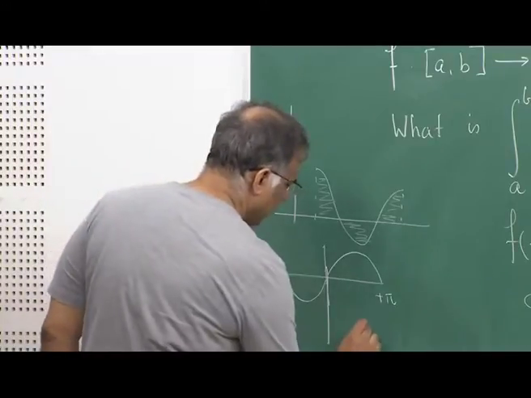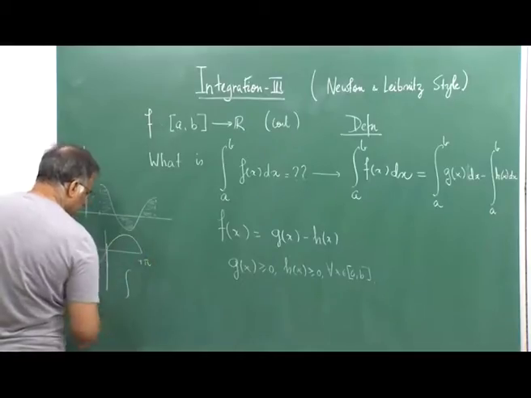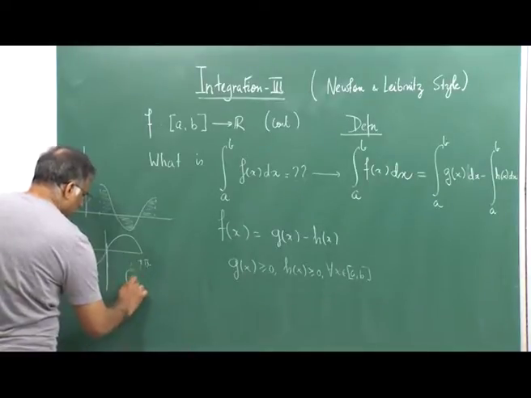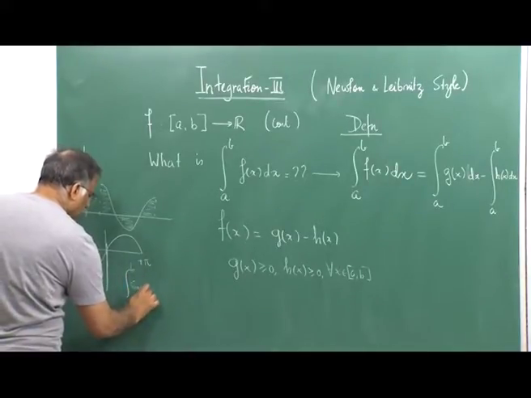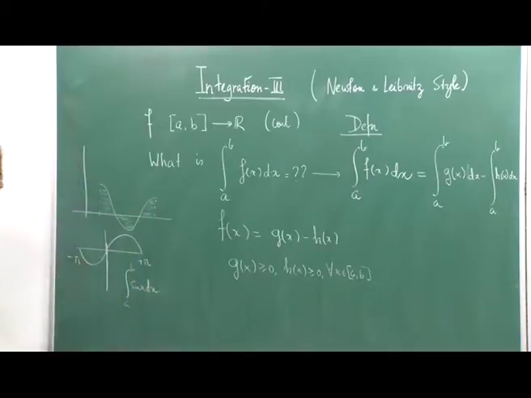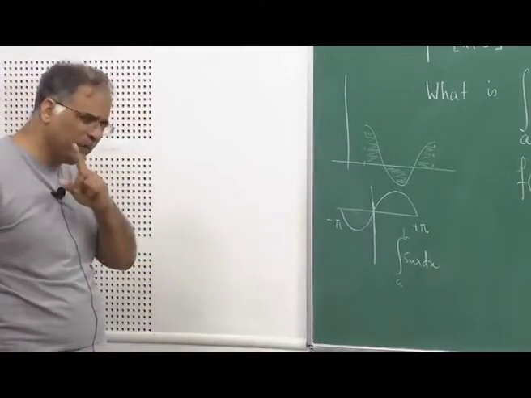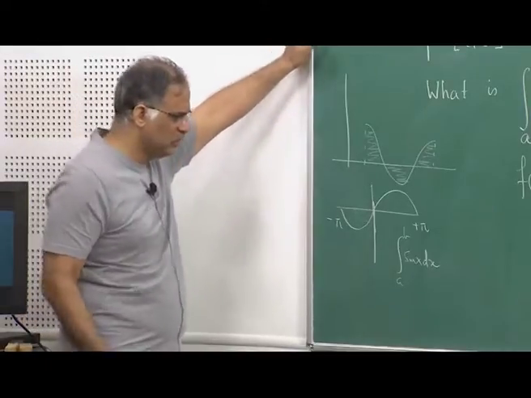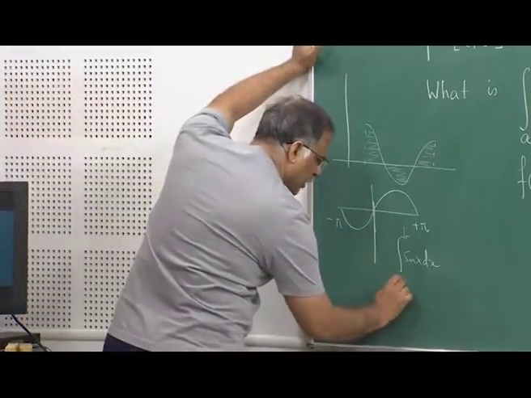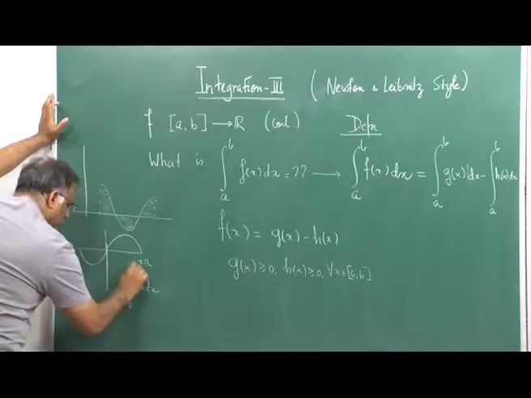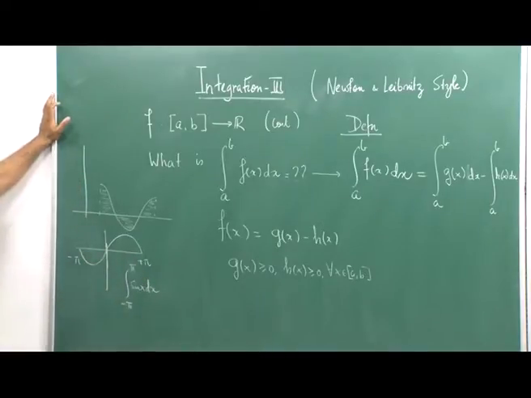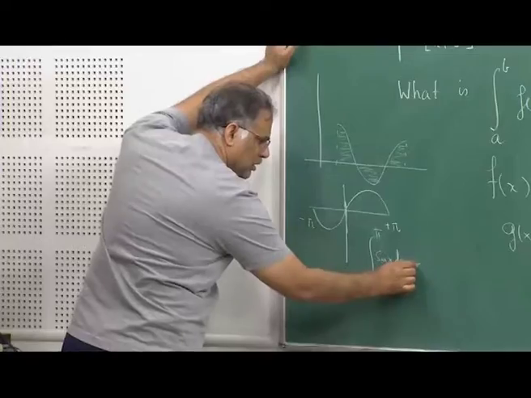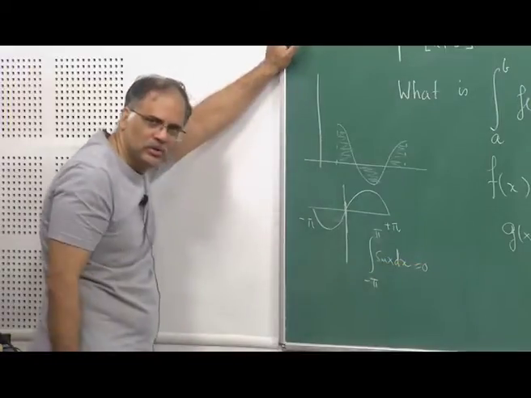If I integrate this, many of those who know calculus know what the answer is. If I put a as minus pi and b as plus pi, what would be the answer? The answer would be 0. So what does it mean?